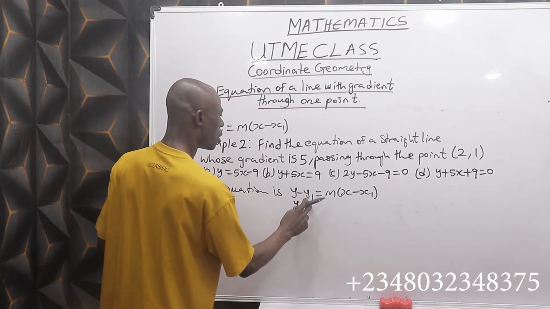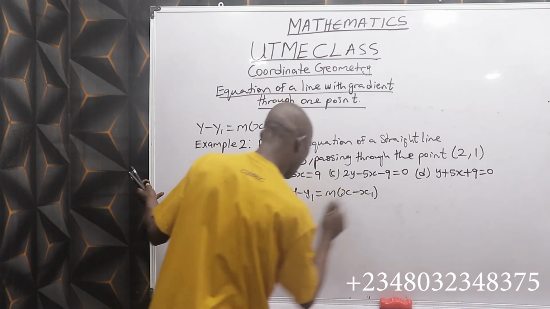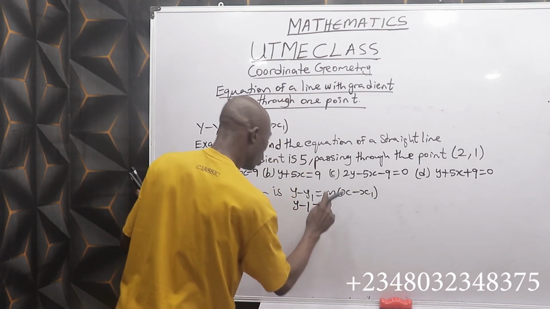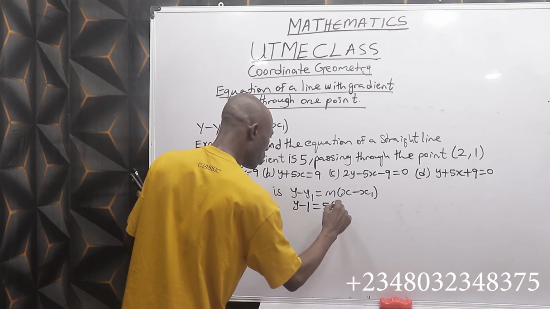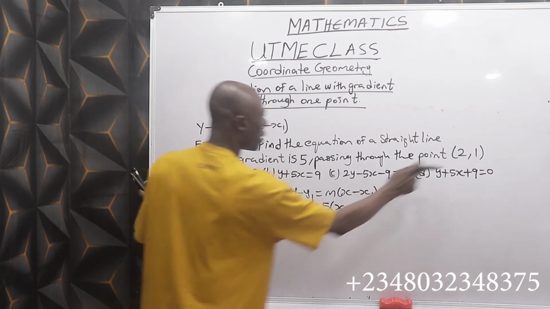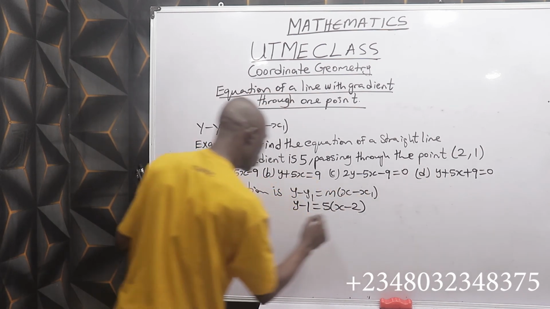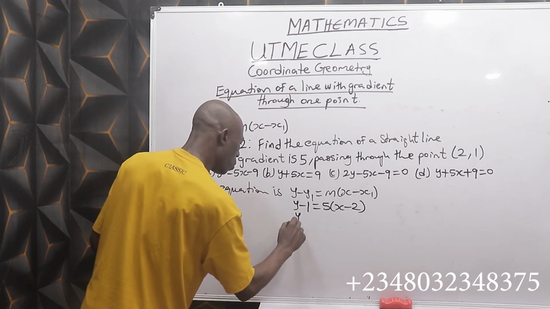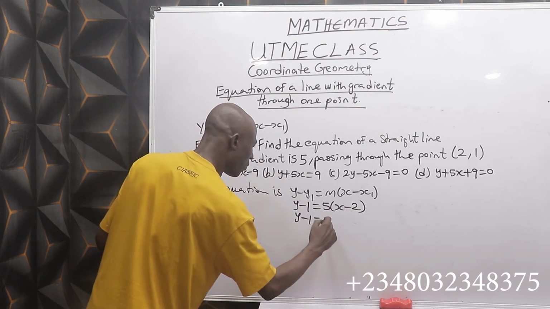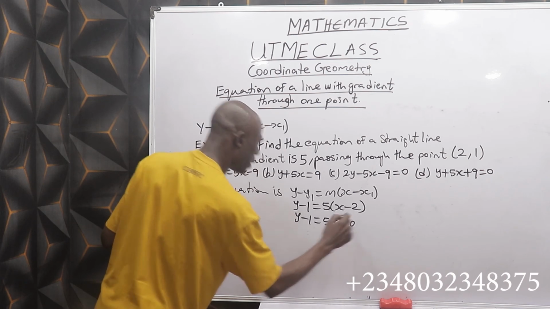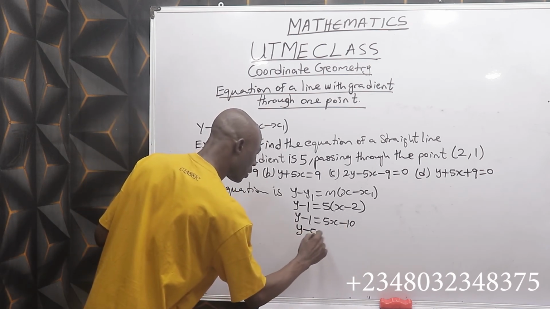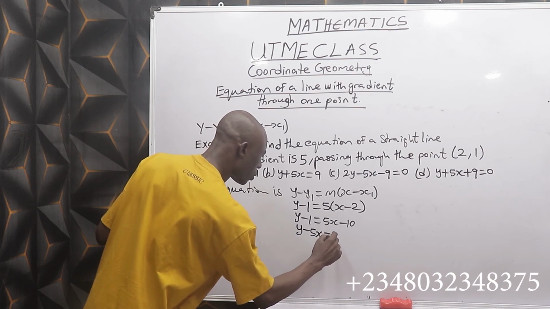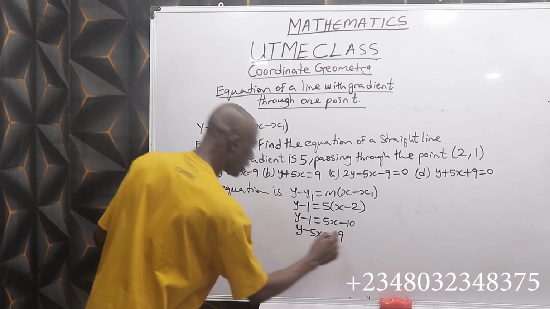Y minus the y1 will be 1 equals m is the gradient giving 5 times x minus x1, which is 2. So we have y minus 1 equals 5x minus 10. Y minus 5x equals minus 9.